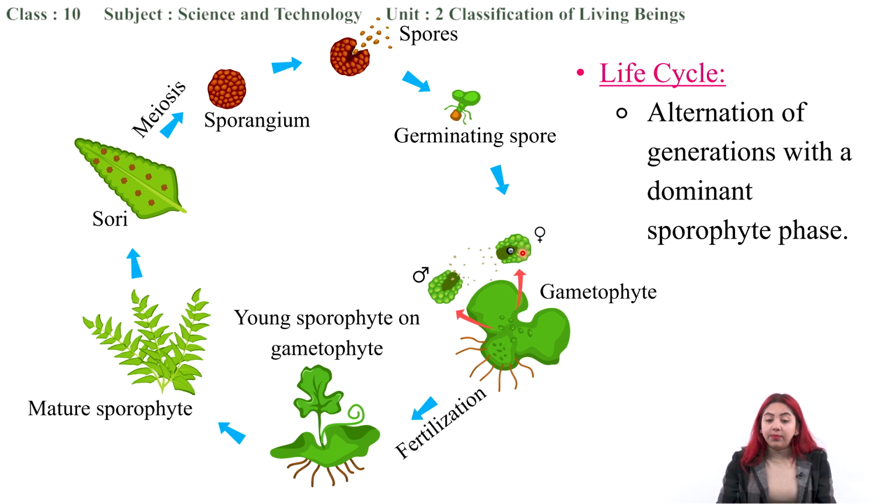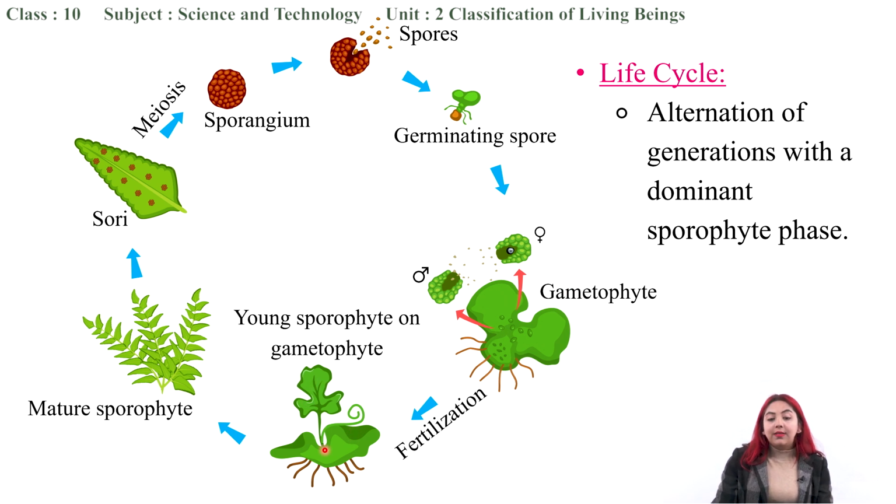The sperm gets inside the archegonia and fertilizes the egg. Upon fertilization, a young sporophyte develops on this gametophyte itself.